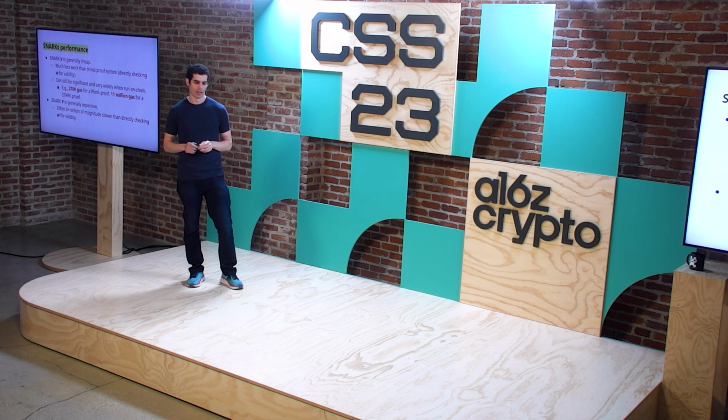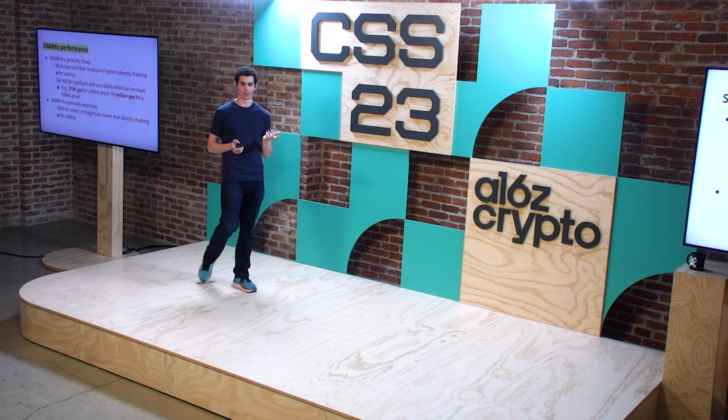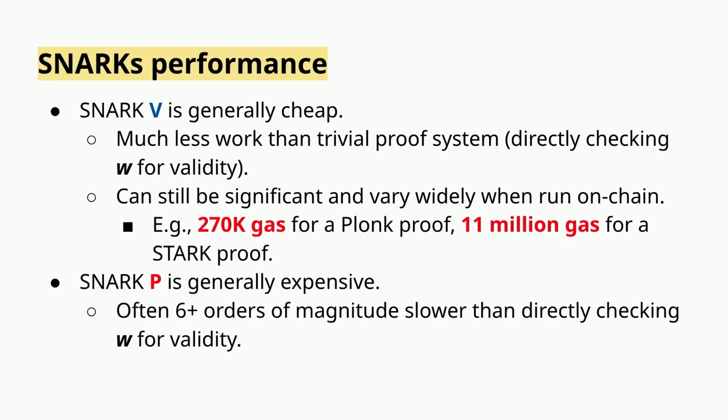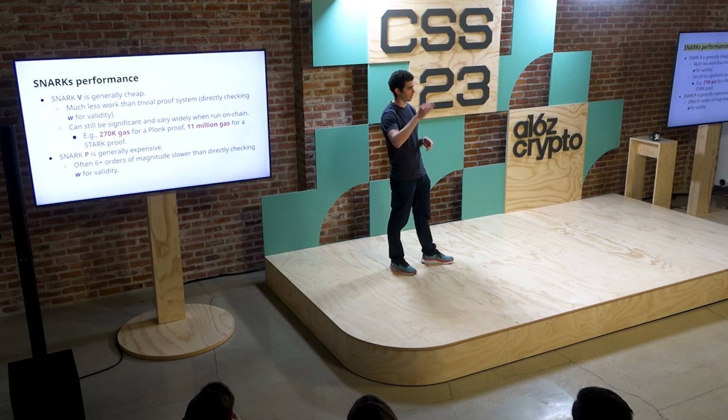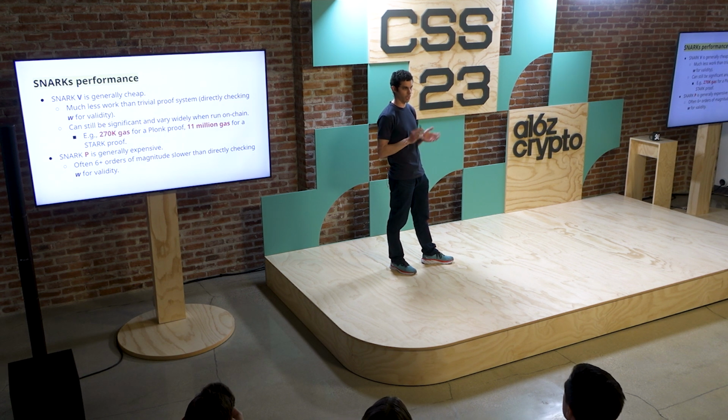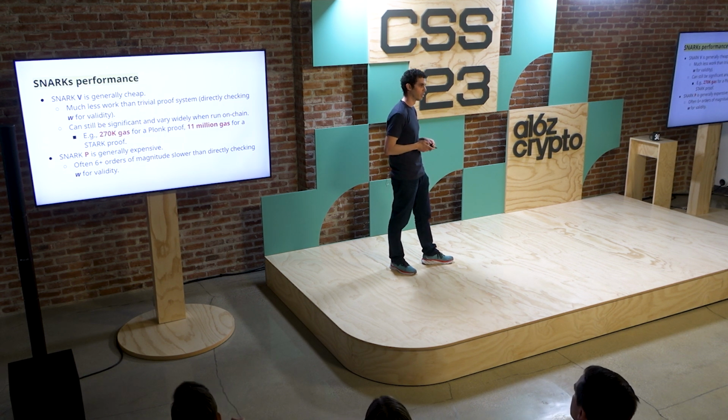As I mentioned before, there is still significant variation in the cost of snark verifiers. For example, PLONK proofs, when verified on Ethereum today, cost about 300,000 gas. And another kind of snark proof called STARKs take 11 million gas today. This is a bit of a moving target because the security level of the proof systems has been increasing. For some of them that causes the gas cost to go up, and for others it doesn't really.